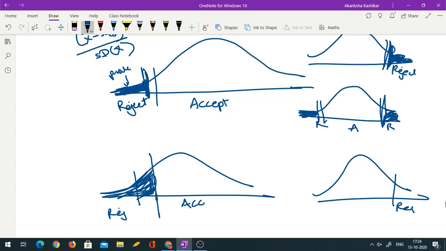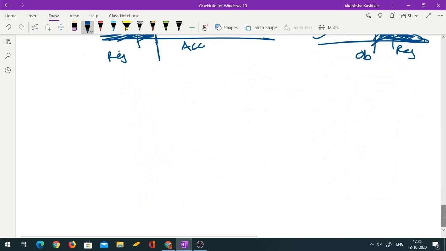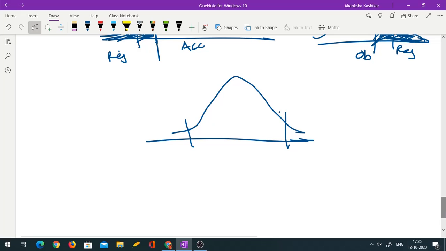If my rejection region was here and the observed value was somewhere here, then my p-value becomes the probability of this part. And if my rejection region is on both sides, and my observed value is here, then I take this probability and add again the mirror image of it from here, and it becomes the p-value.